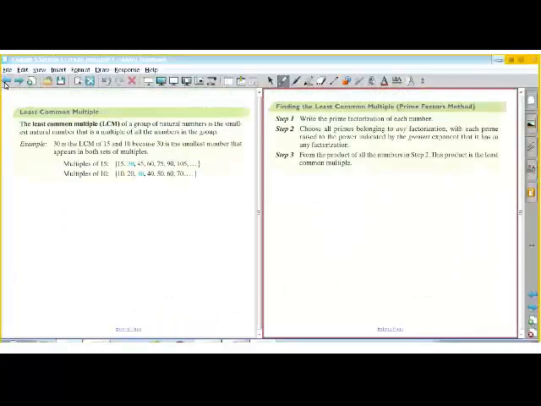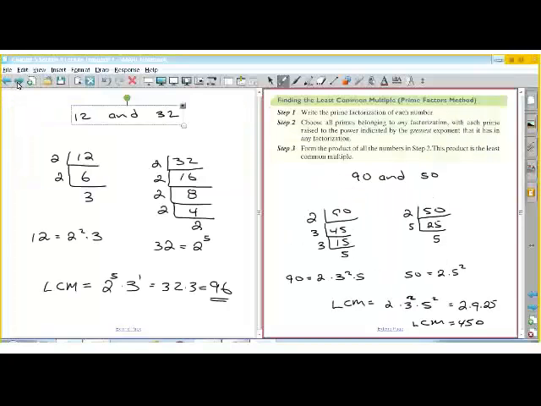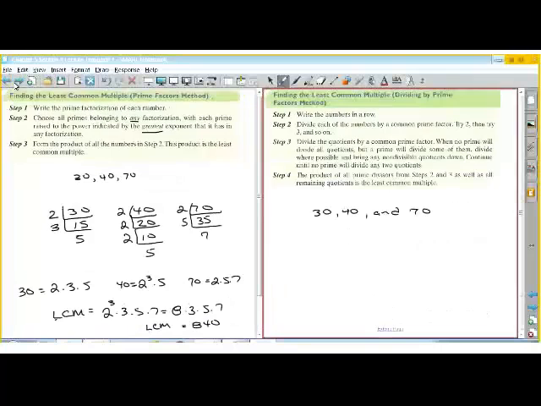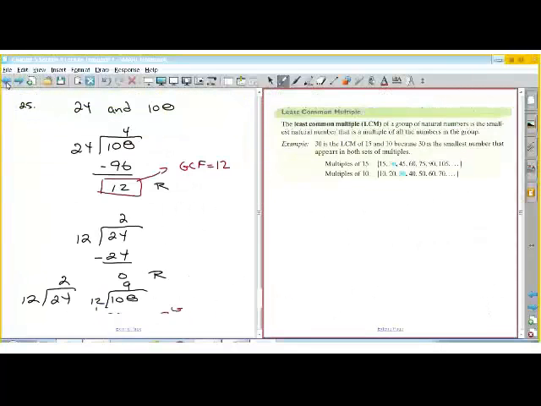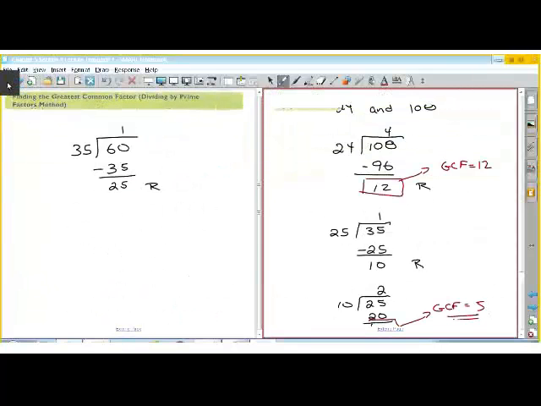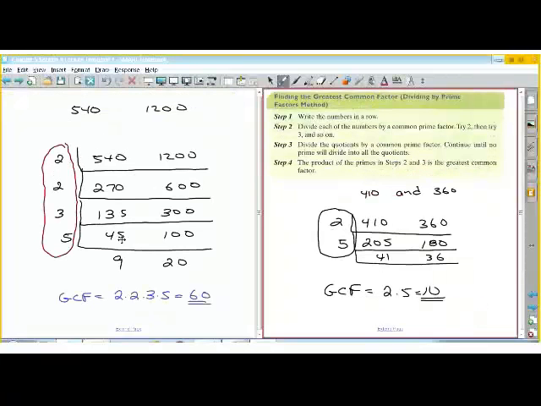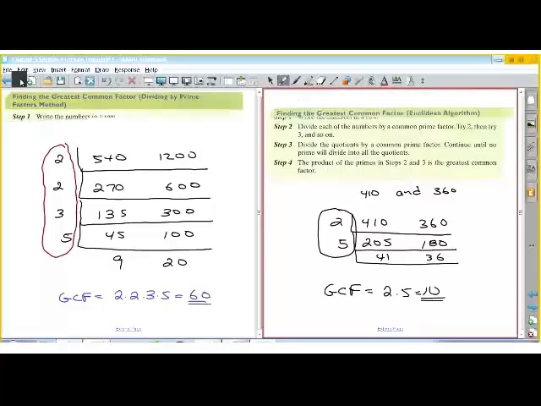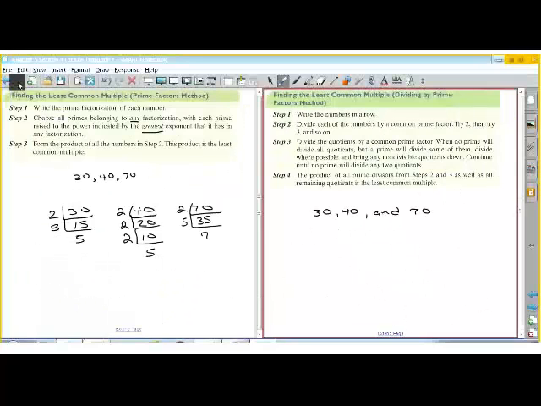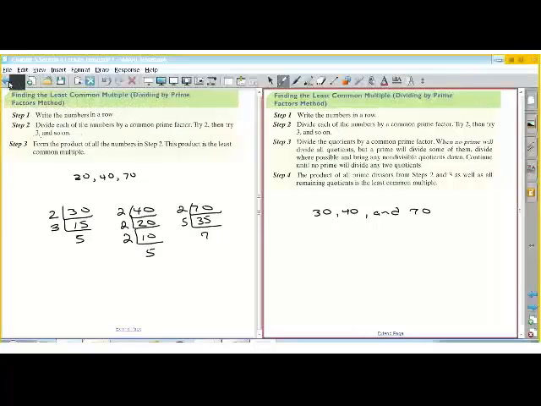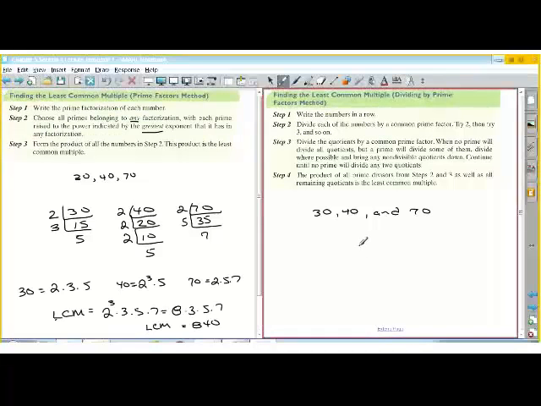If you go back to the greatest common factor, what we did there is we took these numbers. Well, what we're going to do now is take these numbers and multiply them by what's left over here. That's the difference in the method when you're doing least common multiple. But it's the same basic procedure.